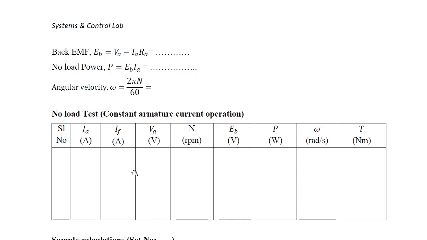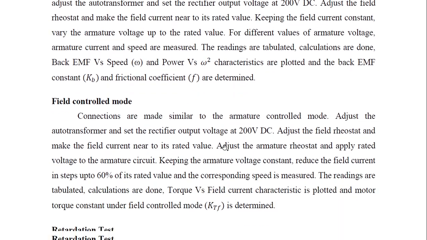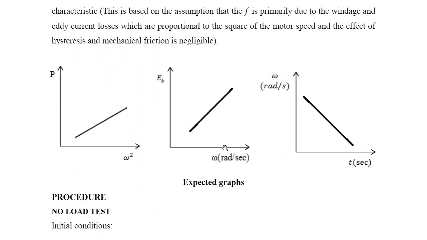Then you have to draw a graph, taking torque on y-axis and field current on x-axis. And the graph will again be a straight line, a linear relationship.